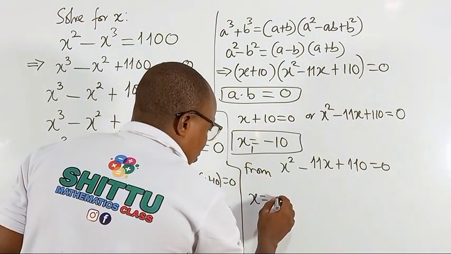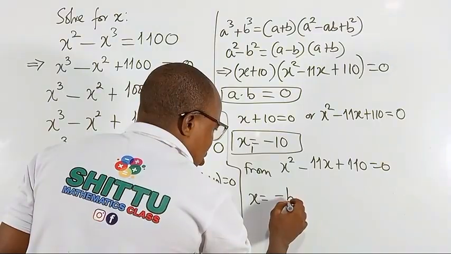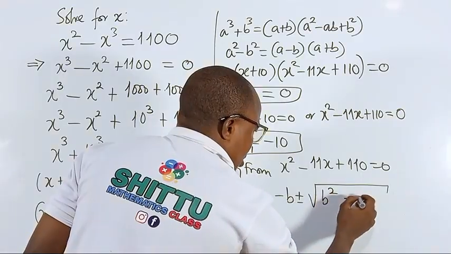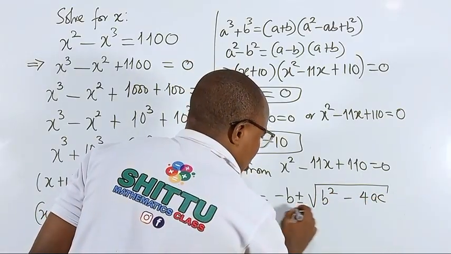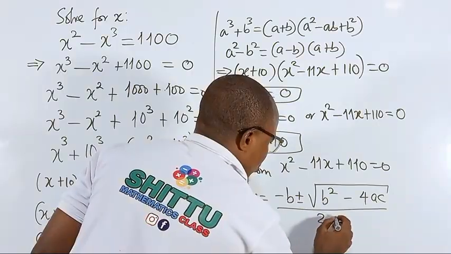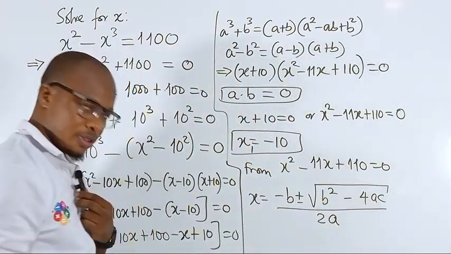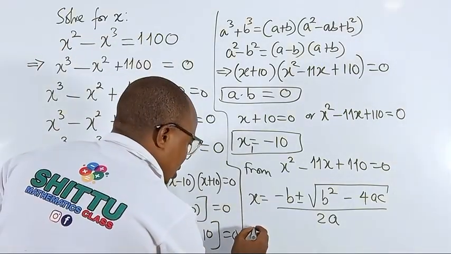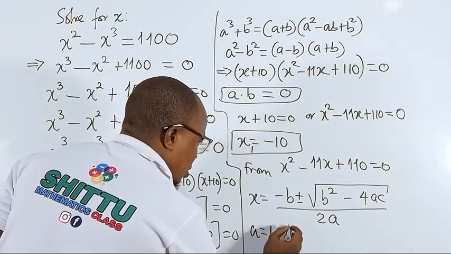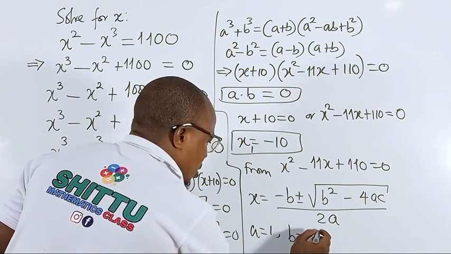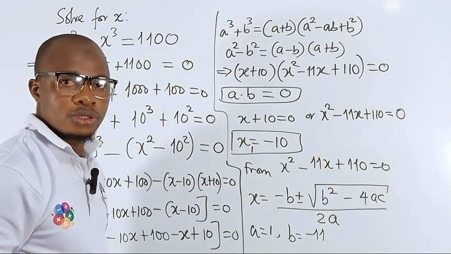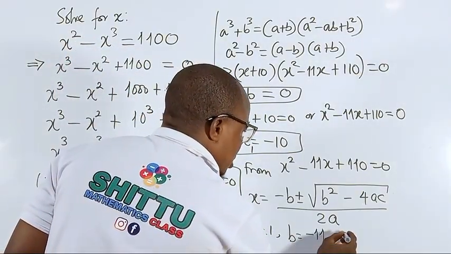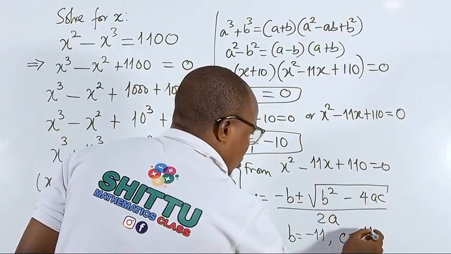We know that we have the quadratic formula to be minus b plus or minus the square root of b squared minus 4ac, all over 2a. Understood? According to what we have here, a is equal to 1, b is equal to minus 11, and c is equal to 110.